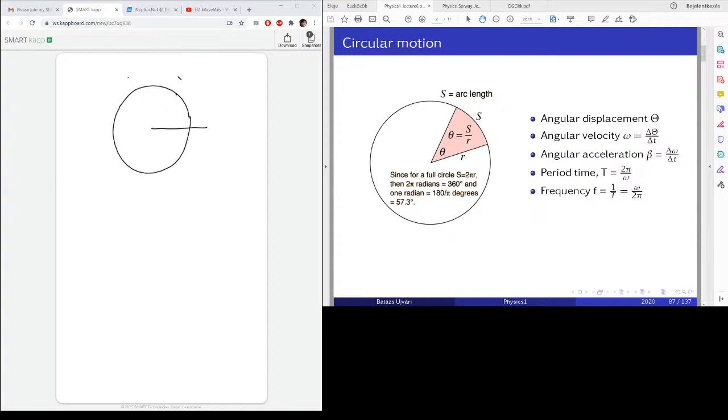Origin, theta equals 0, and let's say at t equals 0 seconds I'm here, at t equals 1 second I'm here, at 2 seconds here, at 3 seconds here.